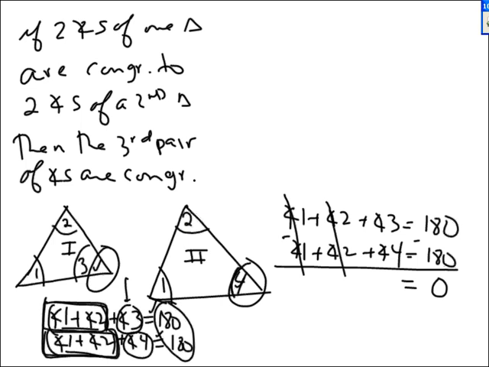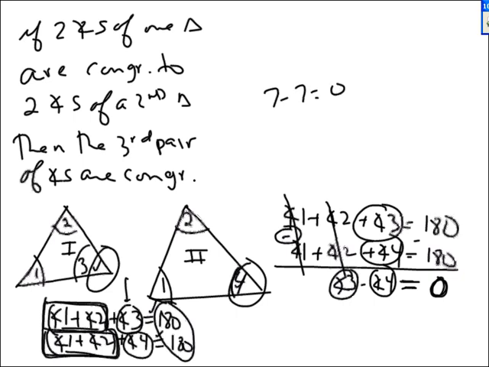Angle 2 minus angle 2 is 0. And what's left is angle 3 minus angle 4. Just remember, these are numbers, and when you subtract them, the difference is 0. Well, they must be equal. When was the last time you subtracted two different numbers and got 0?